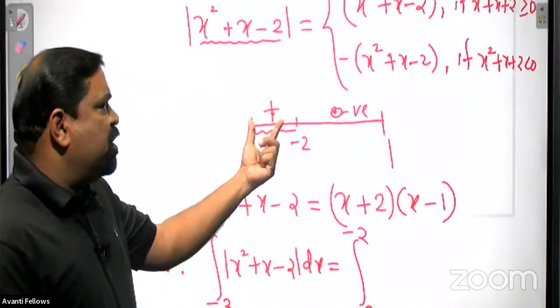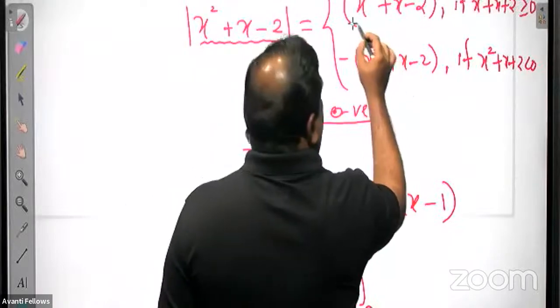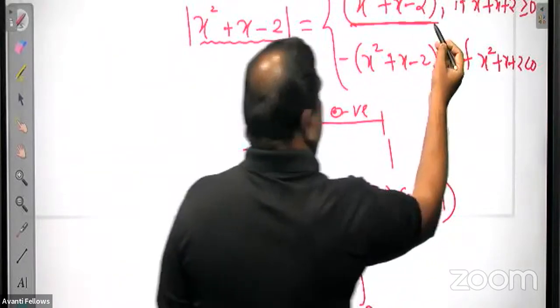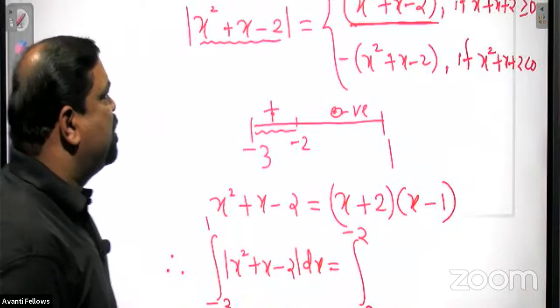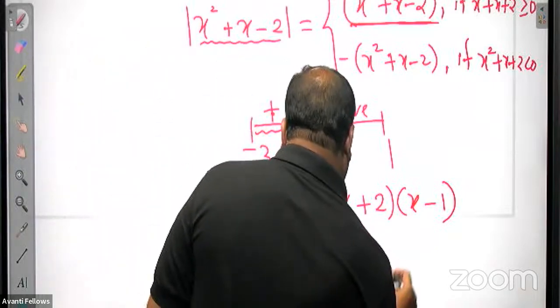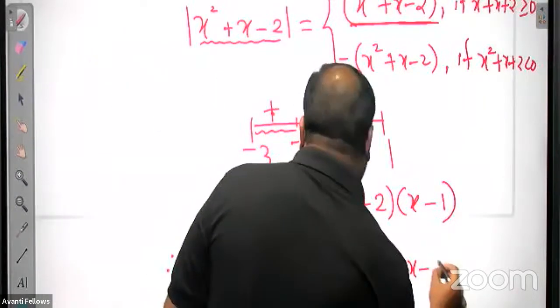Whenever the function is positive, by definition it equals the same expression, as it is. The given expression is x square plus x minus 2 only.